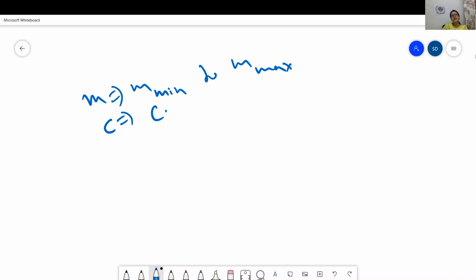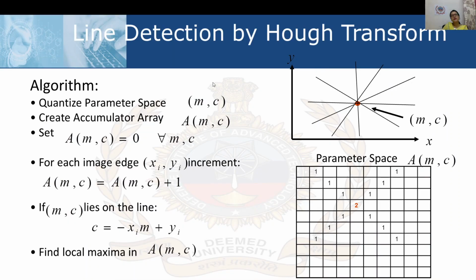Similarly c will change from c min to some c max value. This is what it means to quantize the parameter space, because it is not a continuous domain. Next, we have to create an accumulator array with the indices m and c. Let us say m denotes the rows and c denotes the columns. Then set A(m, c) equal to 0. Initially I put zeros in every location in this parameter space.